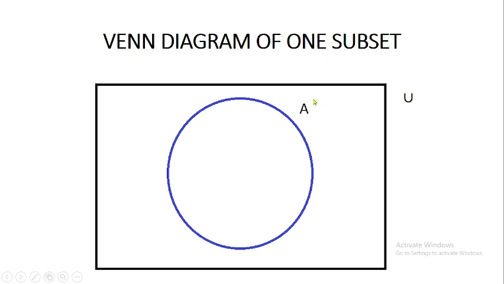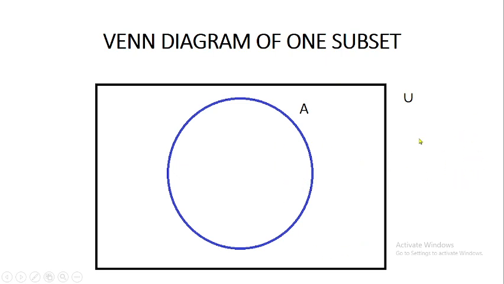If I have another set B represented by another circle inside this universal set, that means set B is also a subset of the universal set. But if I have another set C which is outside the universal set, that means set C is not a subset of the universal set, because it is not inside the box.